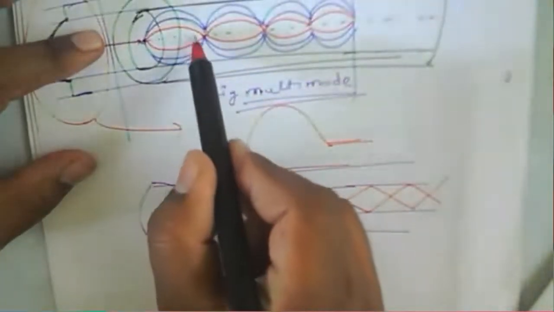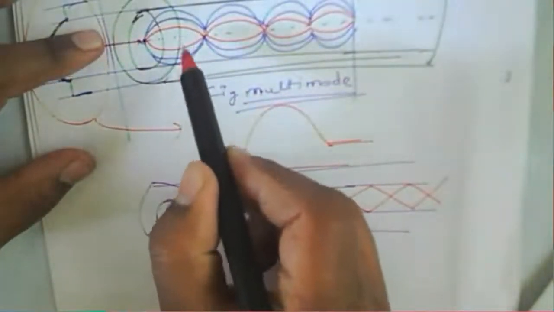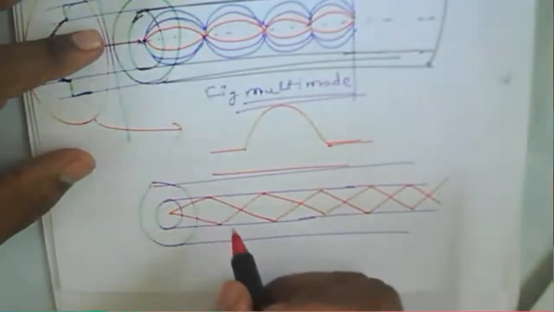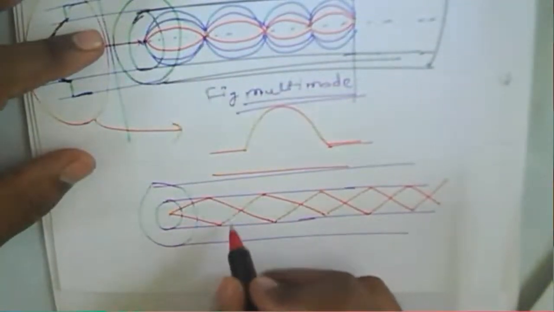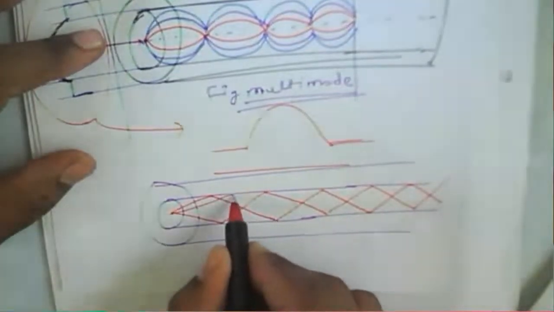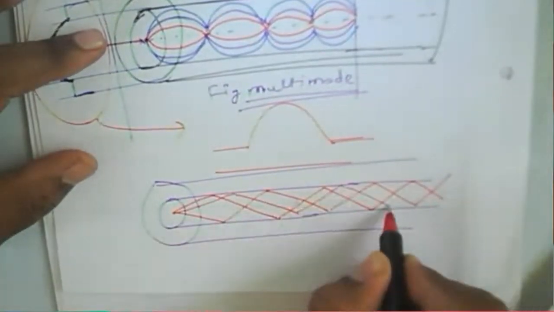So the difference is simple here. With a difference in the wavelength, they reflect at different boundaries, but the refractive index is constant throughout the core. Another ray, suppose, will be reflecting likewise.